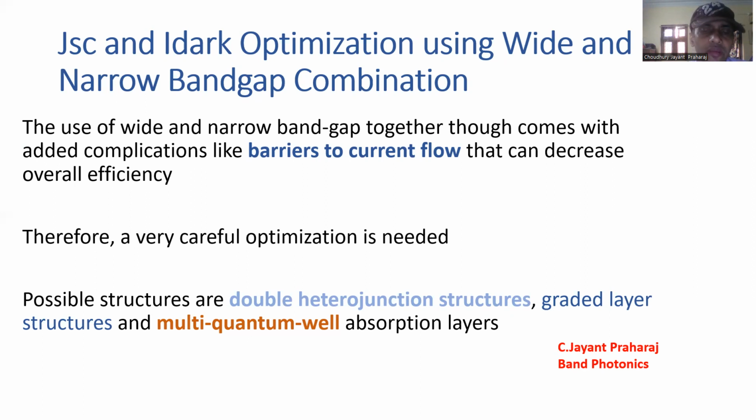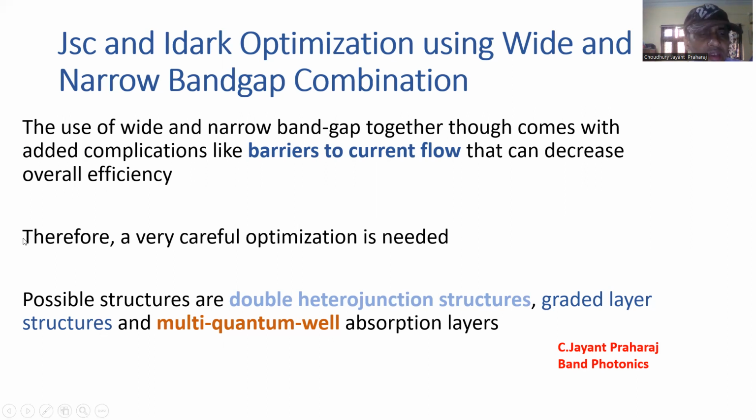So the technology can become more complicated. You need to find a balance between the technological complexity and the device performance. So we talk mostly about the second type, the graded layer structures, but we have to keep in mind that it may be possible to optimize the double heterojunction structure with a less complex fabrication or epitaxial growth procedure.